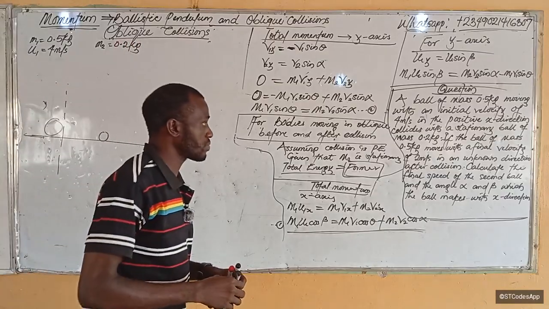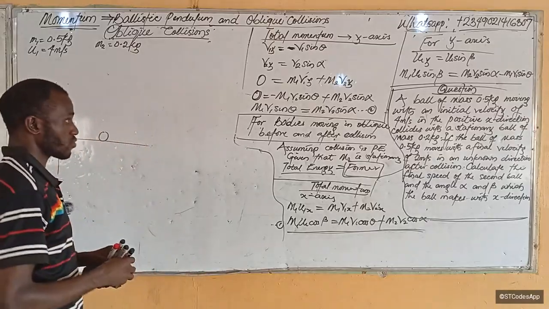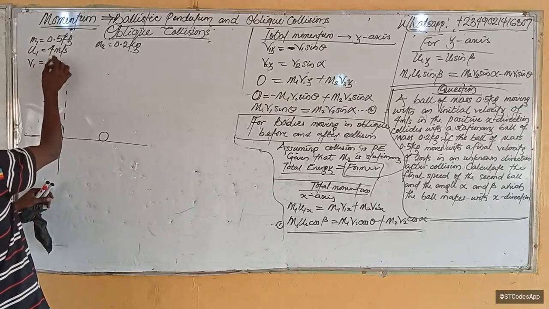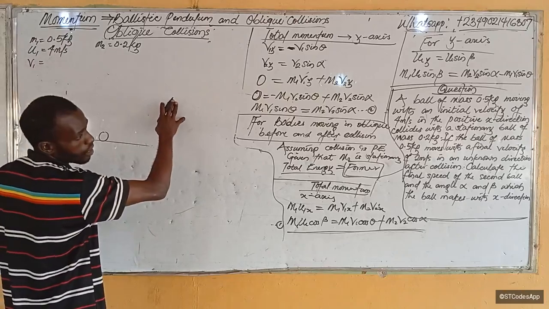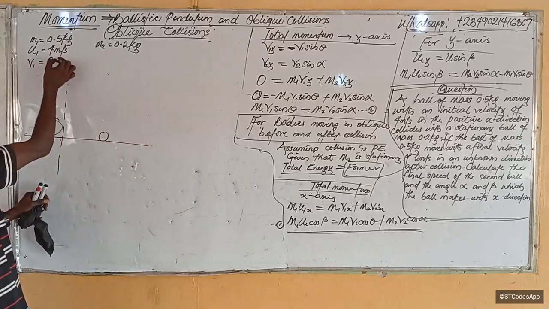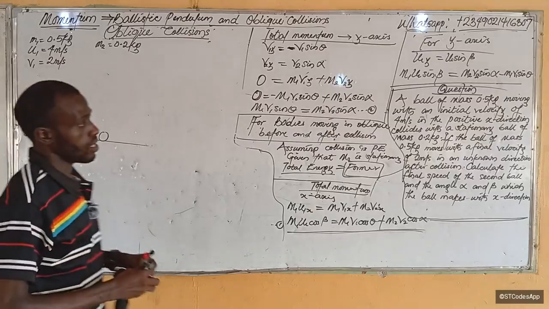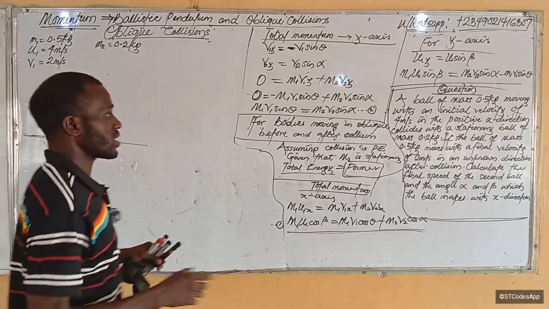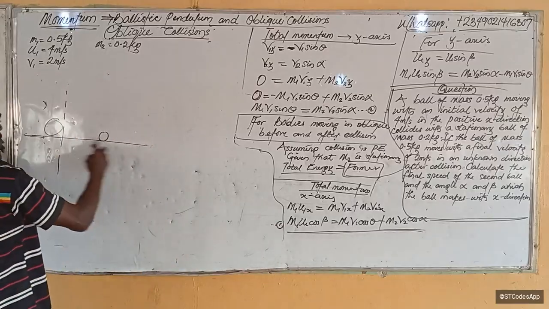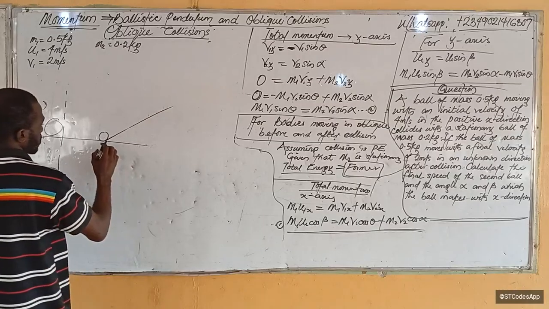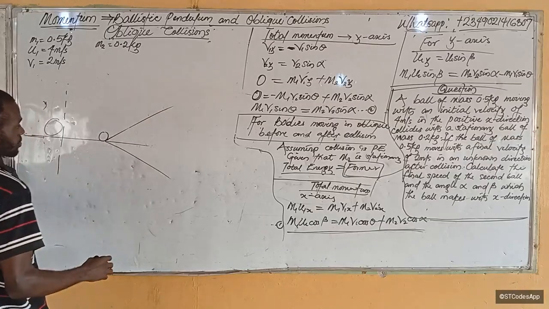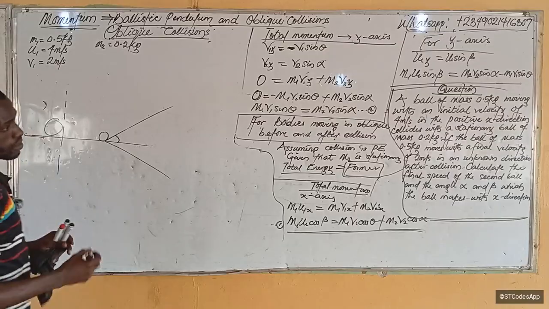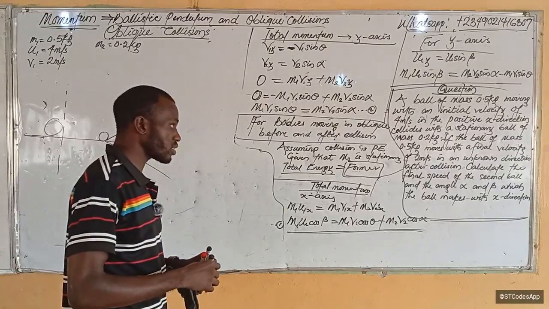If the ball of mass 0.5 kg, that's the first guy, moves with a final velocity v1 equals 2 meters per second in an unknown direction after collision. So let's say when they move, the body flew off like this, and it went like this. Let's call this angle.